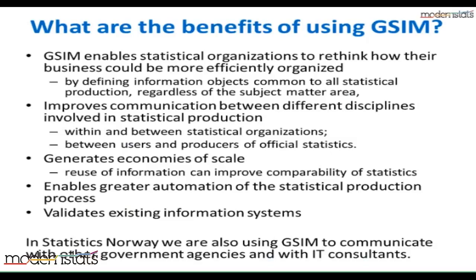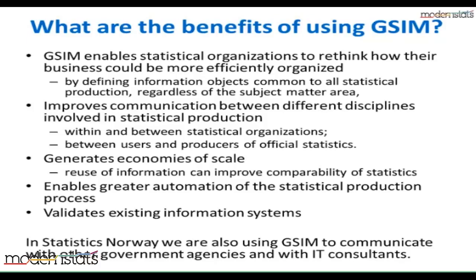What are the benefits of using GSIM? GSIM enables statistical organisations to rethink how their business could be more efficiently organised by defining information objects that are common to all statistical production regardless of the subject matter area.